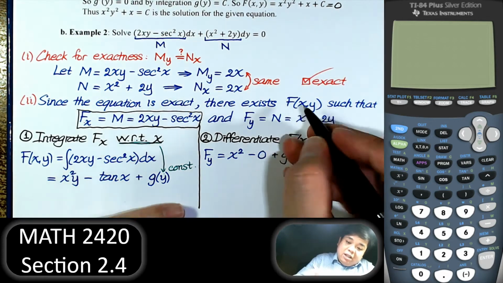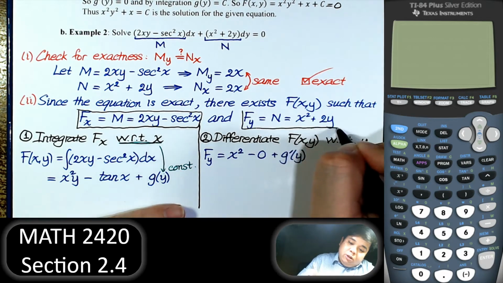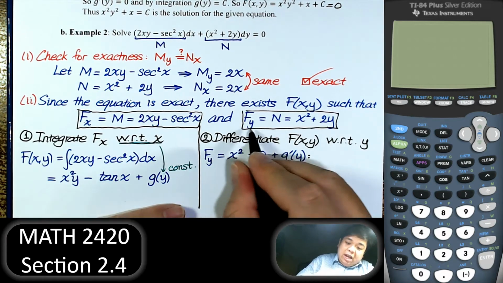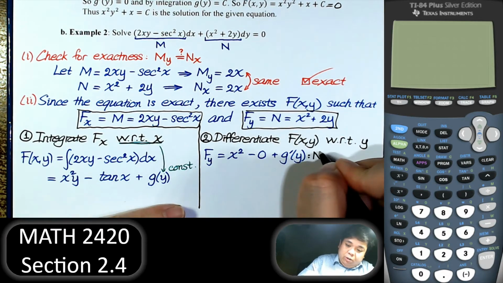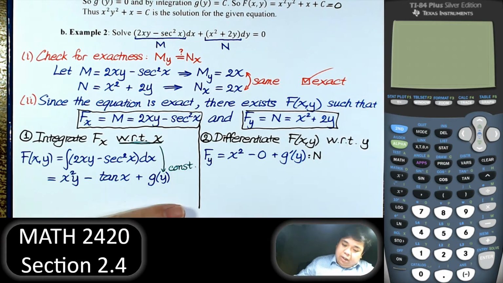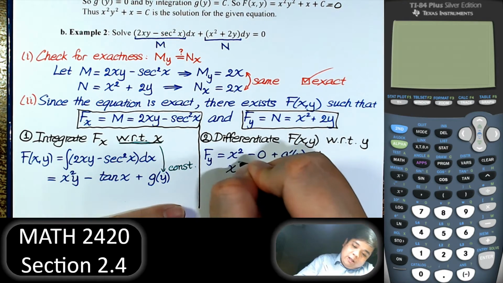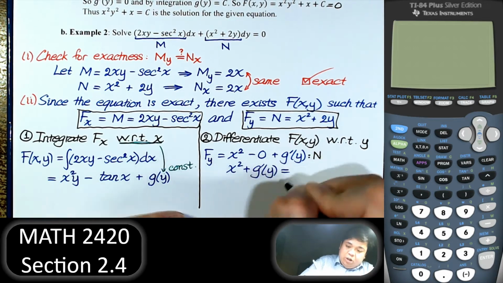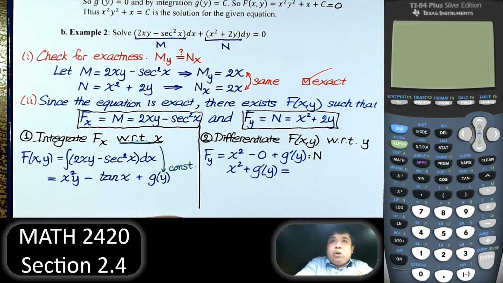And we will make this equal to n, because that's what it will be equal to. So we have x squared plus derivative g of y is equal to n.